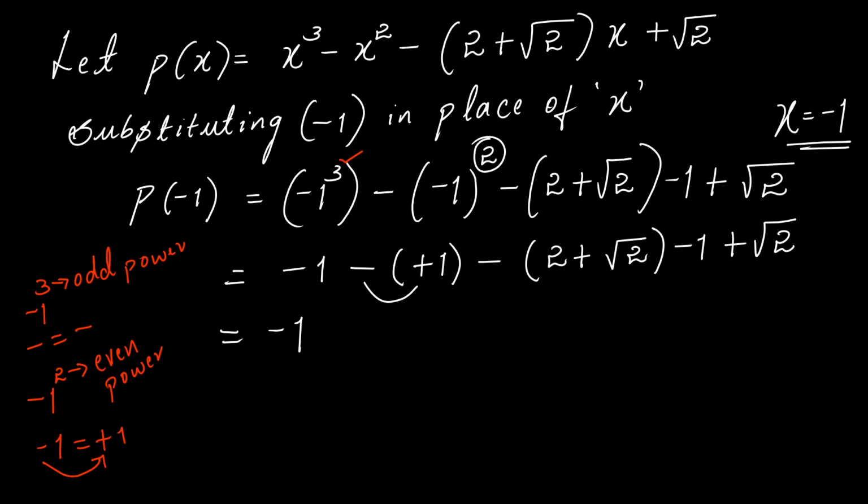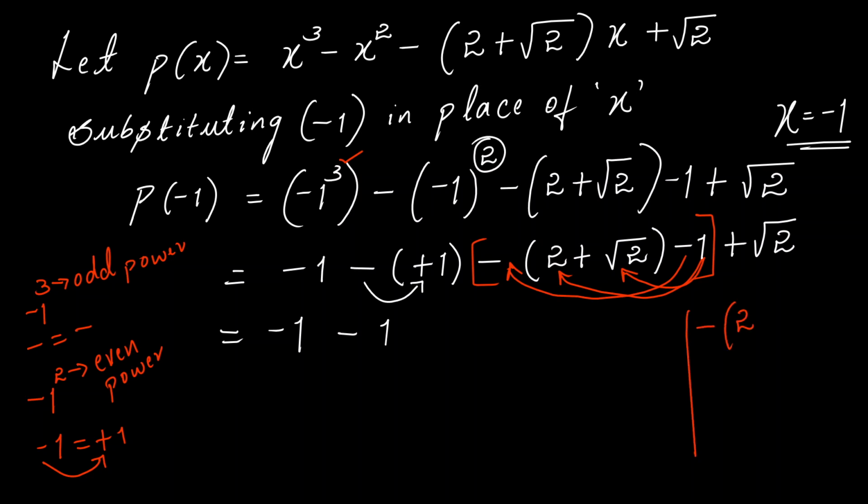So next I am writing here minus 1, then plus into minus is minus 1. See here in this term we have minus 1 multiplied by all this 2 plus root of 2. So let's multiply this. So minus into minus is plus 2. 1 into 2 is 2 plus 1 into root of 2 is root of 2.